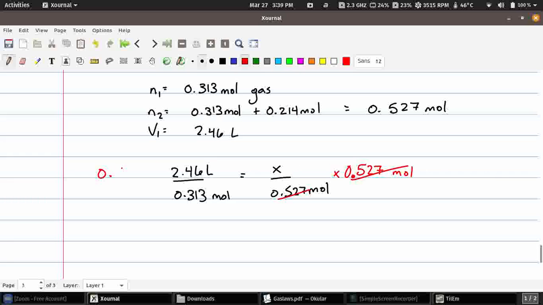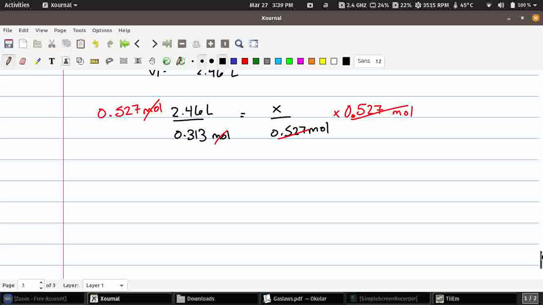So that cancels the moles out. Then we rearrange the equation to where X is alone and we're able to get a value for it. So 0.527 times 2.46 liters divided by 0.313, and then this will give you V2.